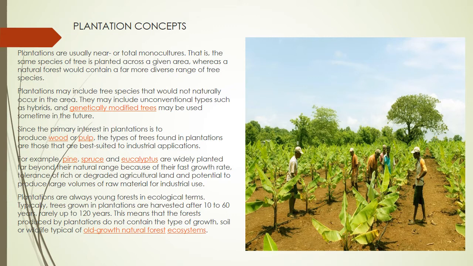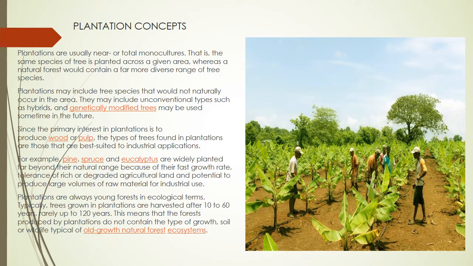Plantations are always young forests in ecological terms. Typically, trees grown in plantations are harvested after 10 to 60 years, rarely up to 120 years. This means that the forests produced by plantations do not contain the type of growth, soil, or wildlife typical of an old growth natural forest ecosystem.